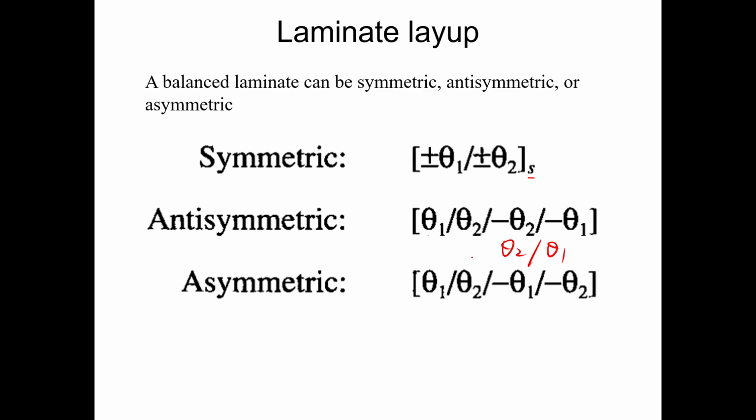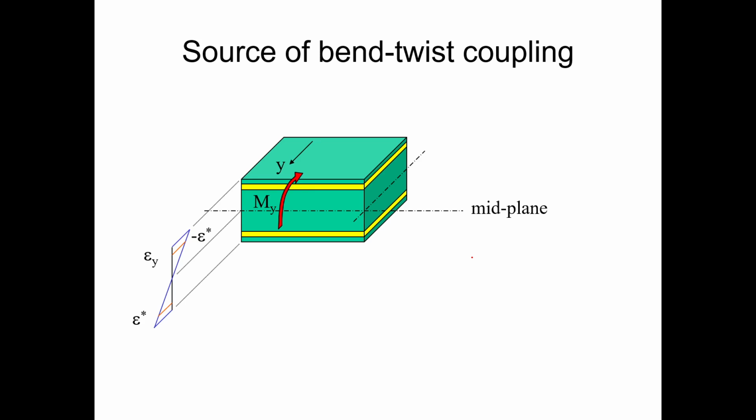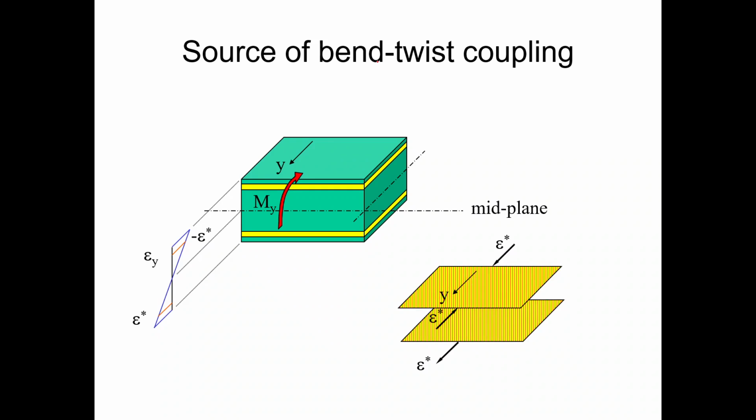Okay, this will generate different values of the ABD matrix, and therefore it will introduce different influences like twisting effect. If you look at the source of bending twist coupling, you will get something like this because the D matrix is actually changing.